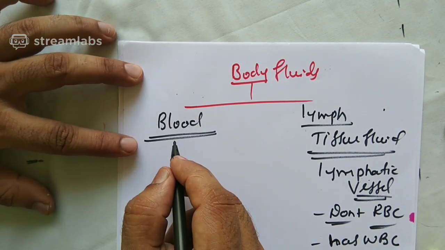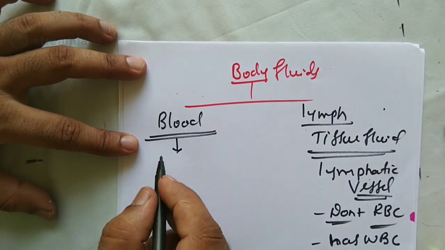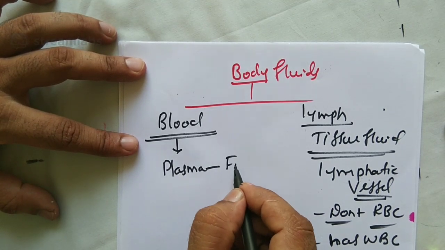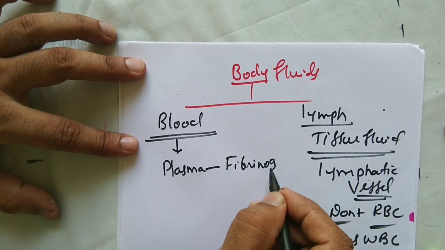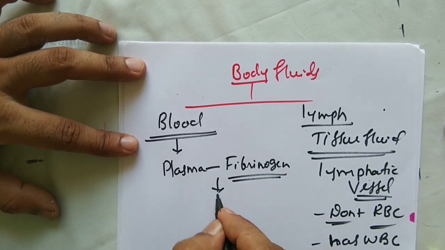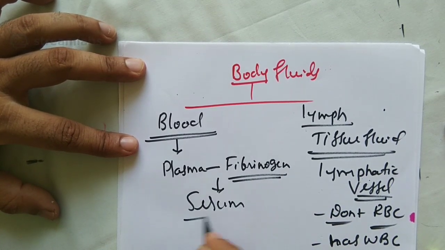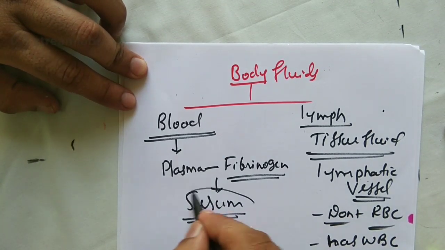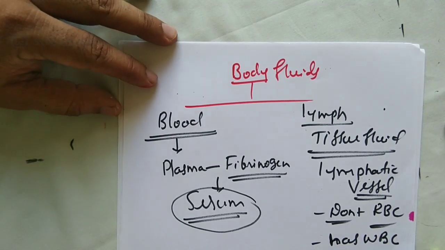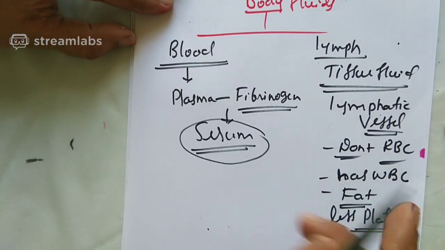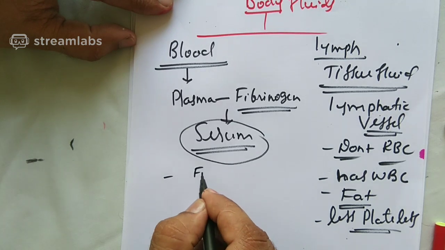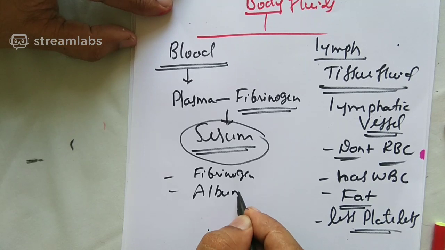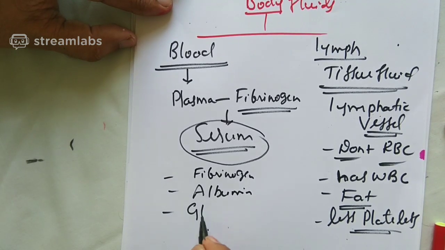An important question that can come under blood is: when from plasma you remove fibrinogen, which is responsible for clotting, the product is called serum. So serum is equal to plasma minus fibrinogen. Please remember, this aspect can come in competitive exams. And how many types of proteins are present in the blood? Three types. One is fibrinogen, second is albumin, and third is globulins.